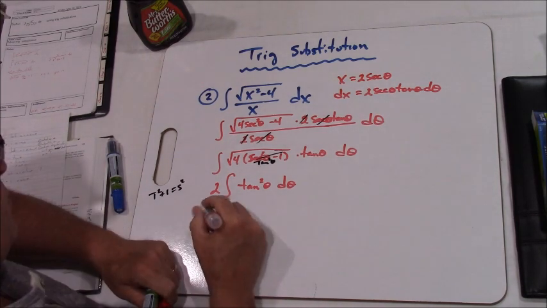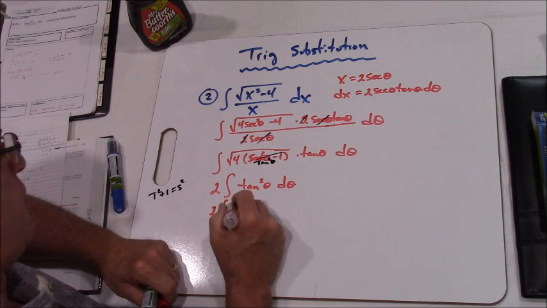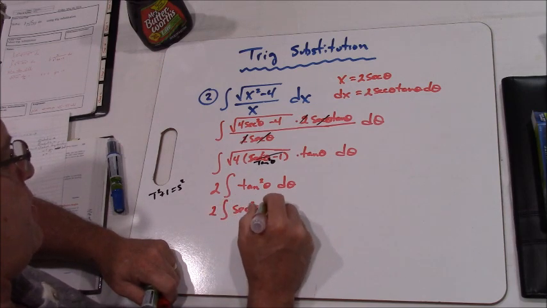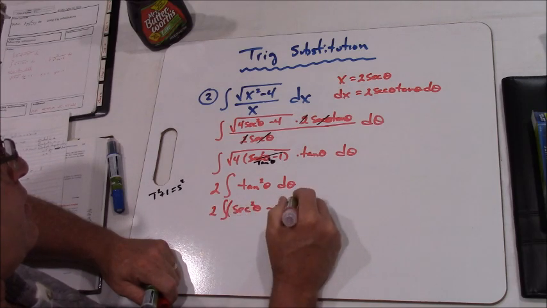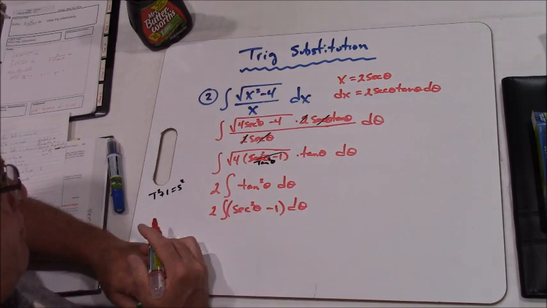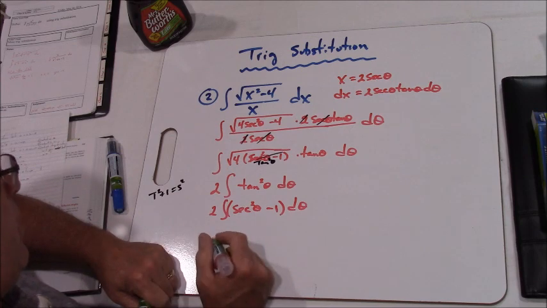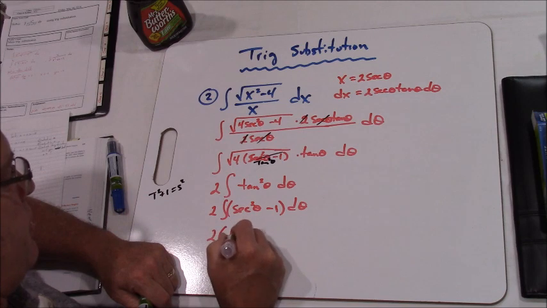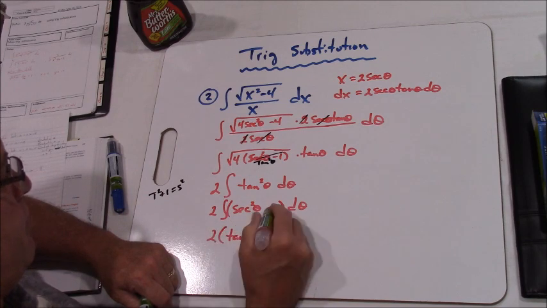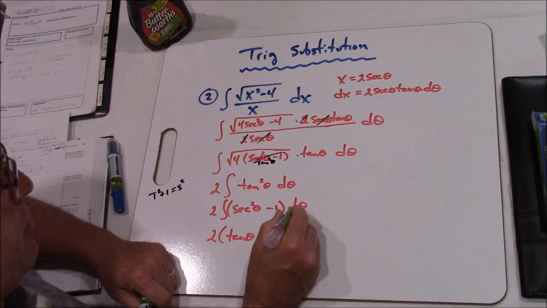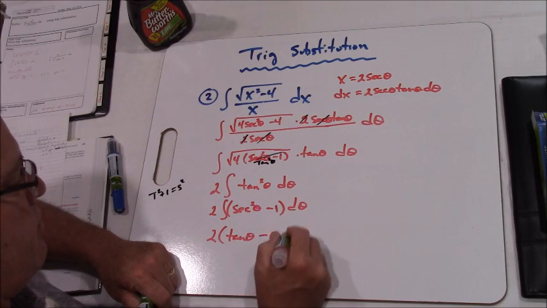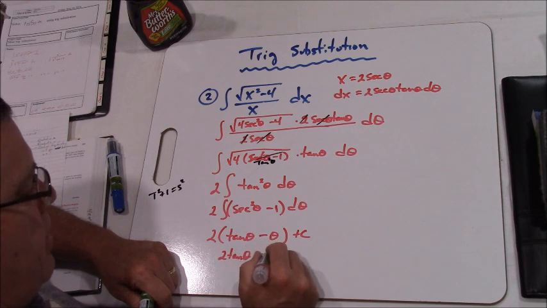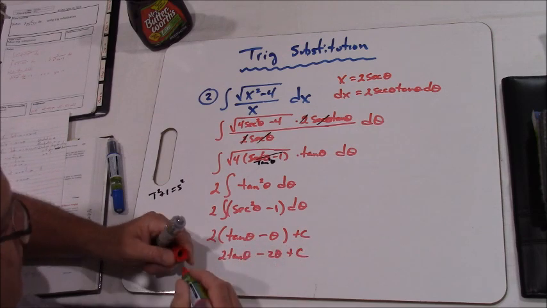So this becomes 2 times the integral of secant squared theta minus 1 d theta. And so now what I have is 2 times the integral of secant squared, which is tangent theta. The integral of 1 with respect to theta is theta. So 2 tangent theta minus 2 theta plus C.